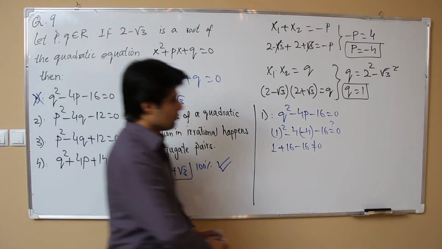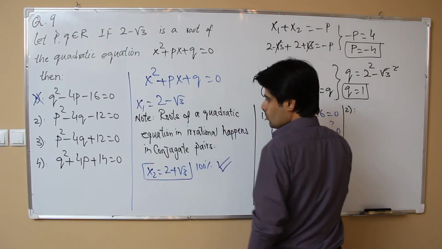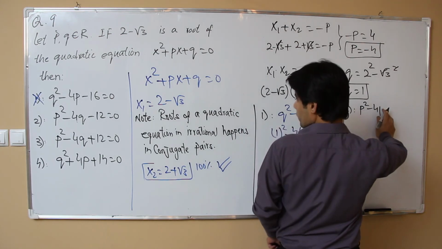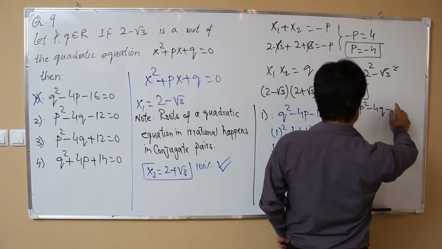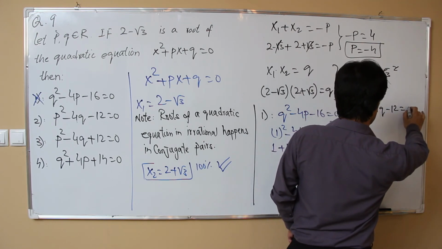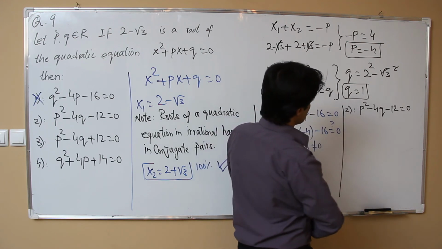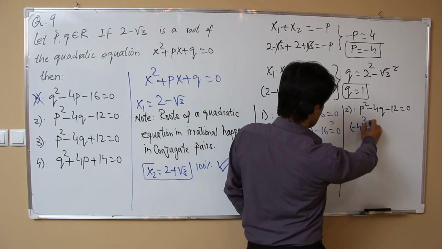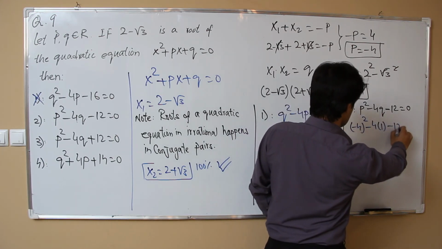Come to number 2. p square minus 4q minus 12 equal to 0. Instead of p, we have to put what? Minus 4 square minus 4, instead of q, 1, minus 12.